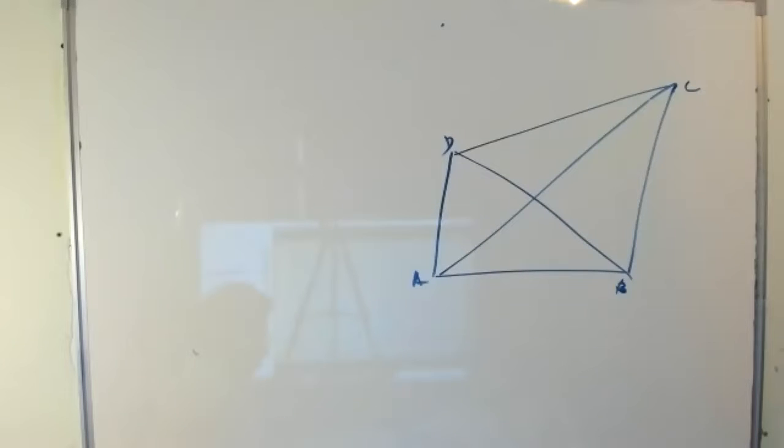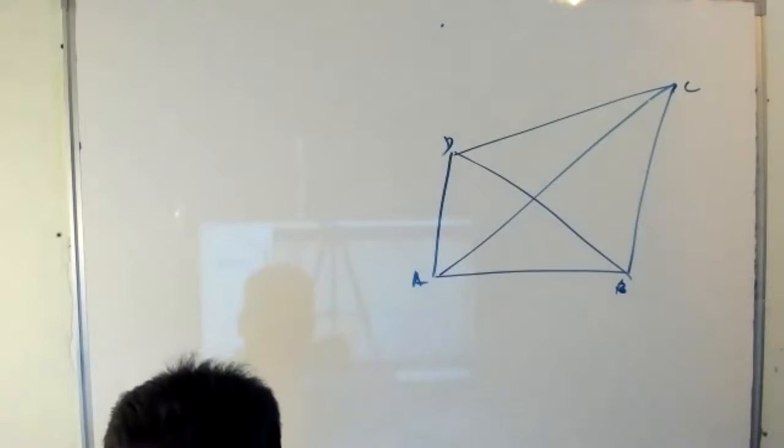Two sides of a quadrilateral are adjacent sides if they have a common point. Did you understand what I said?